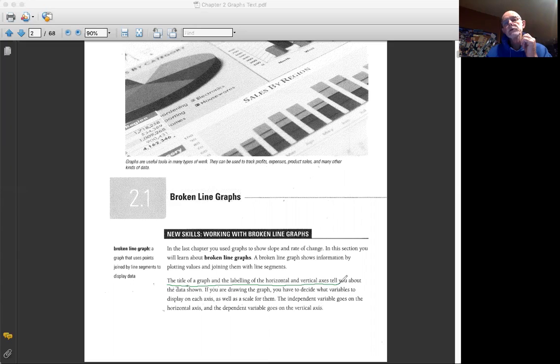Now, there's two terms here that are sometimes confusing for students, and that is the independent and the dependent variable. So basically, the independent variable is what goes along the bottom. Independent means that you don't have a control over it. The dependent variable, which is on the y-axis, always on the y, well, it's not always, but 99.99% of the time it's on the y-axis.